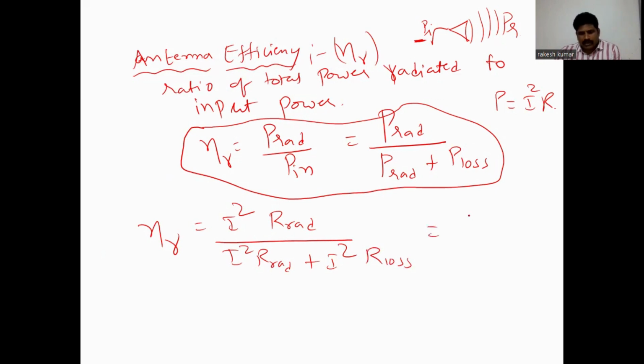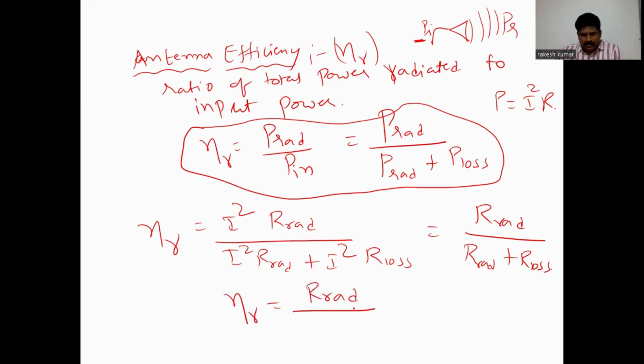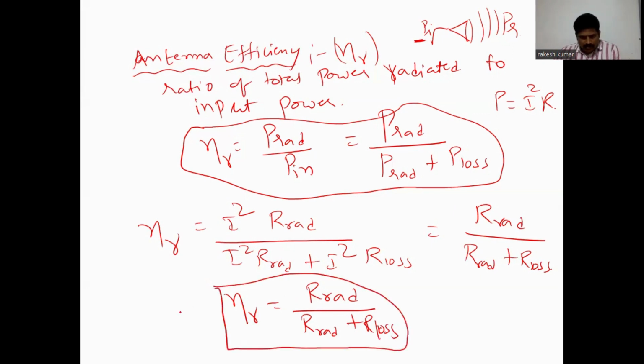If we take I square common, we get R radiation by R radiation plus R loss. So the other form of antenna efficiency in terms of radiation resistance is R radiation by R radiation plus R loss. This is also a very important formula.